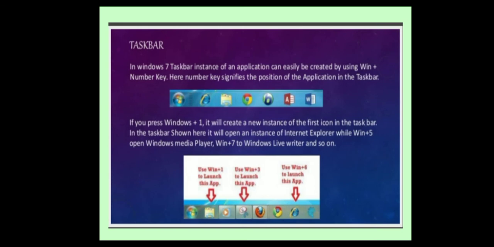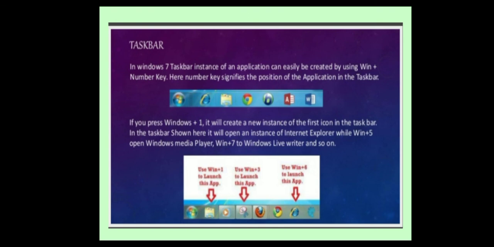Taskbar. In Windows 7, an instance of an application on the taskbar can easily be created by using the Win number key. Here the number of the key signifies the position of the application in the taskbar. The taskbar shows the different applications already on it: start button, Internet Explorer, folder, Mozilla Firefox, Chrome. There are so many applications available.